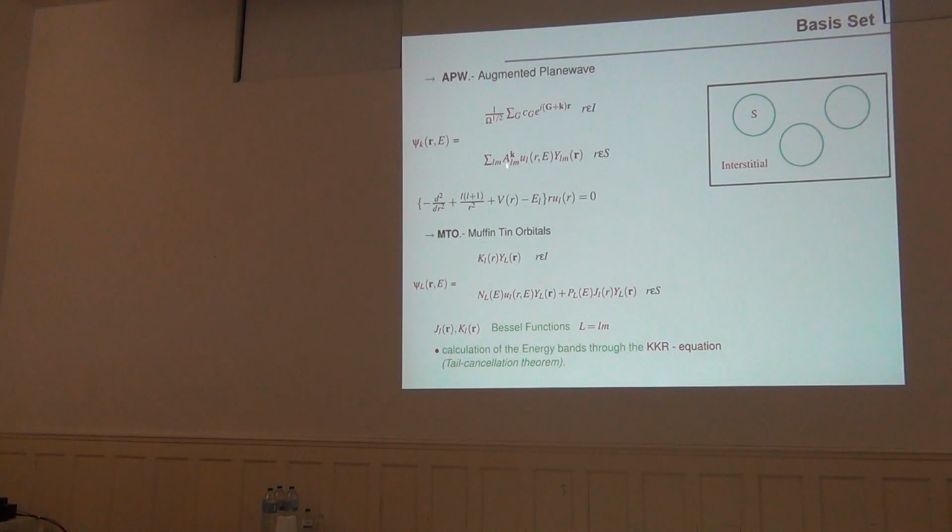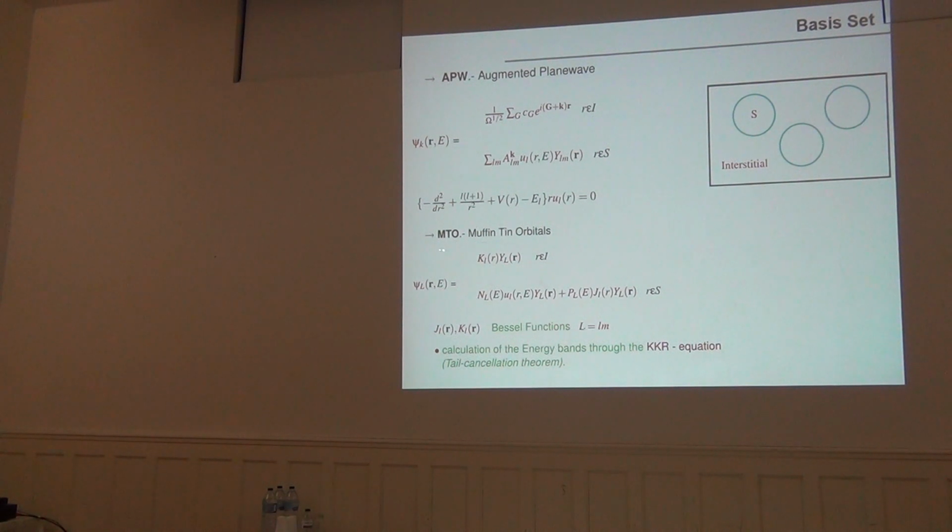So I'm going to use these radial functions and spherical harmonics, which is what you know from hydrogen. And the only thing you have to pay attention to when you make these composite wave functions is that you have to apply continuity when your wave function goes from the sphere to the interstitial. So continuity conditions.